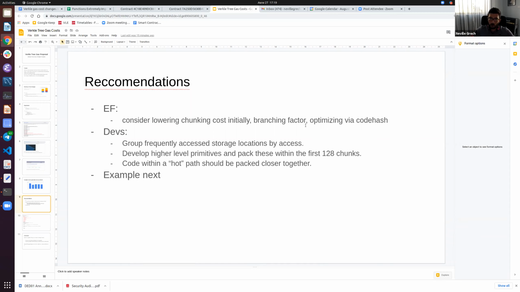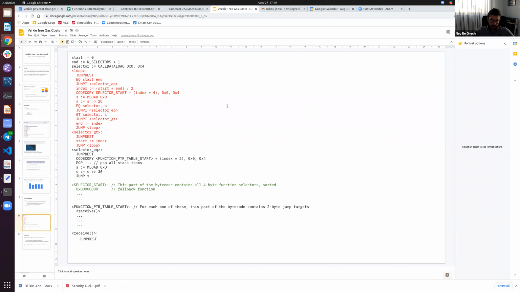And generally code within a hot path, so a path which is more likely to be executed in the contract code, should be packed closer together. There's an example in the next slide. So currently the function selector logic is, right, there are no loops.